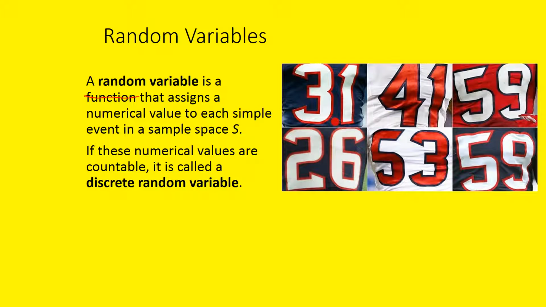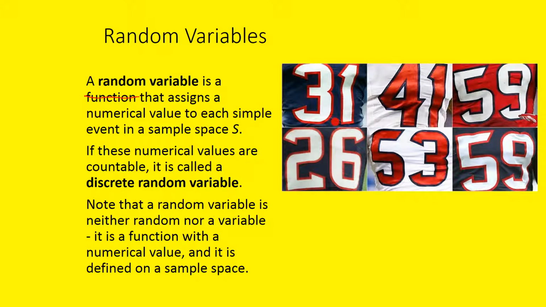If these numerical values are countable, it is called a discrete random variable, otherwise continuous. And you may read that it can't be discrete if values are decimals or non-integers, but that's not true.